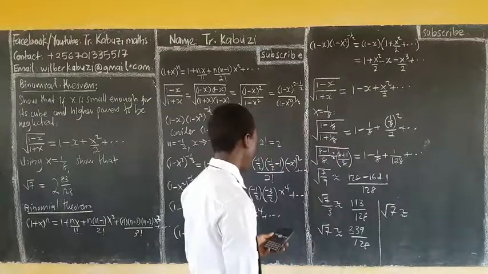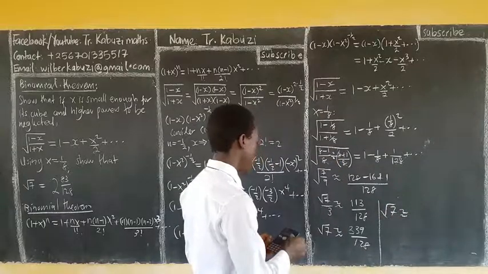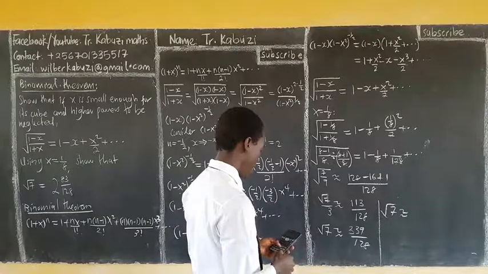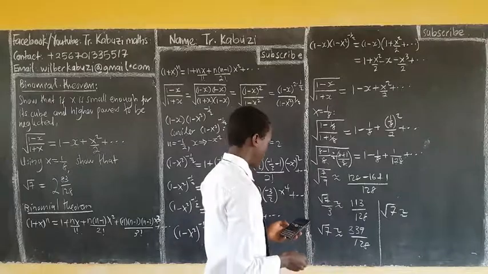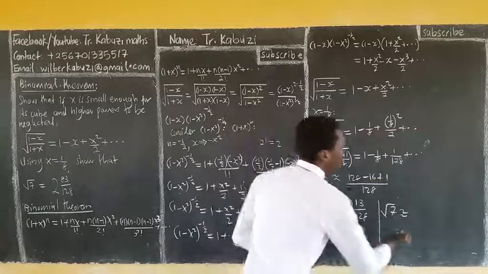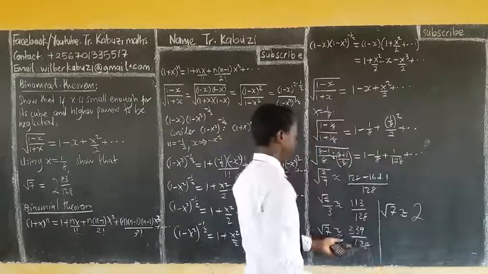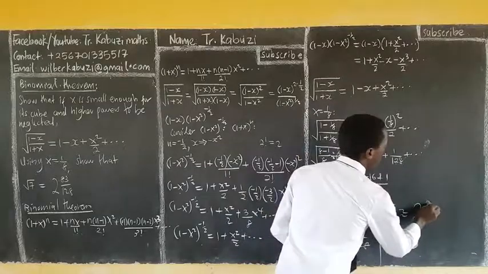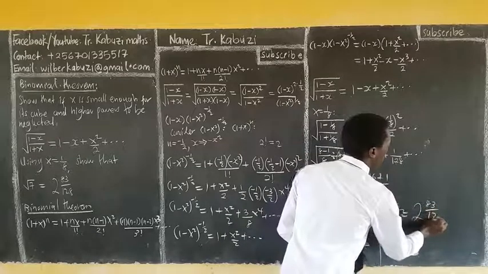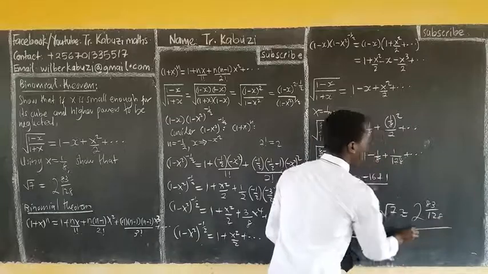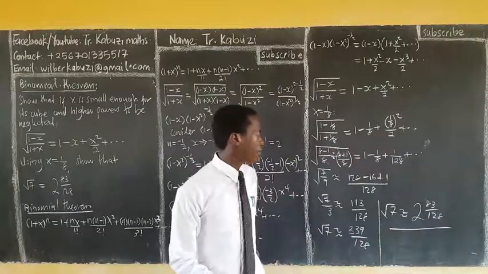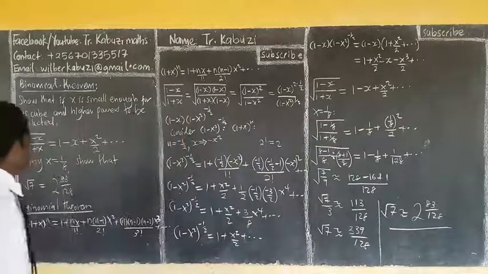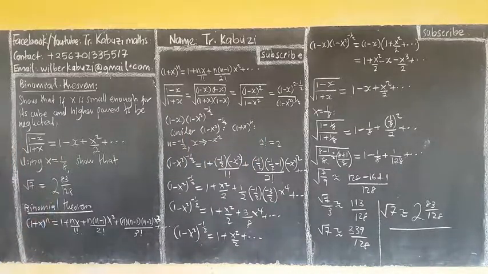If you divide that one, 339 divided by 128, the answer we get is 2 whole numbers, then the remainder is 83 over 128. So members, that's how we handle these numbers. I think you see it's that proof they want you guys to do.